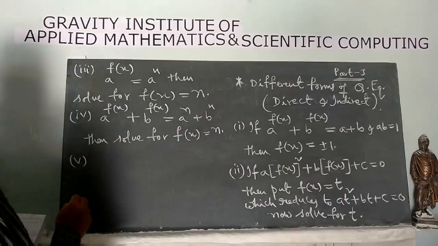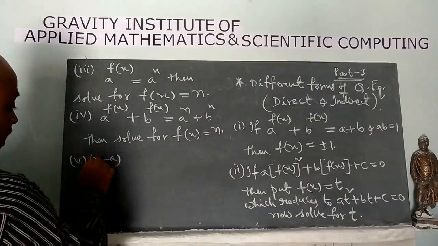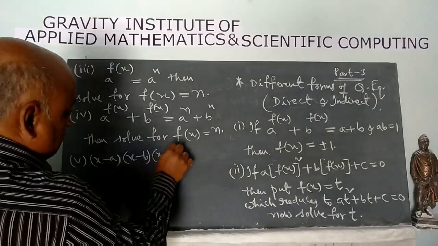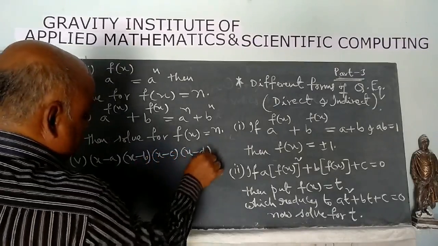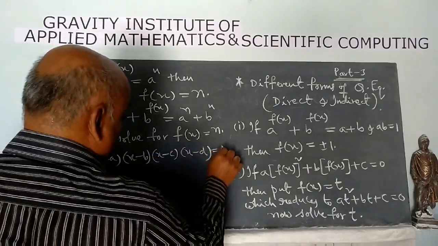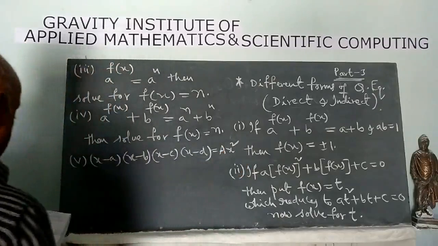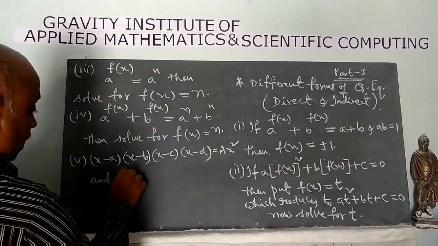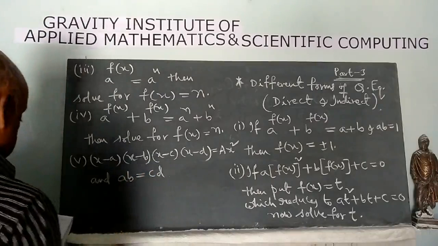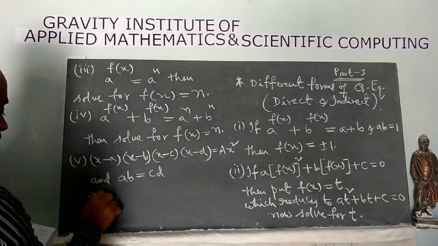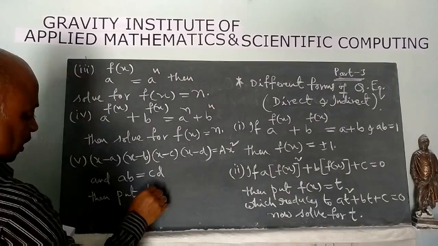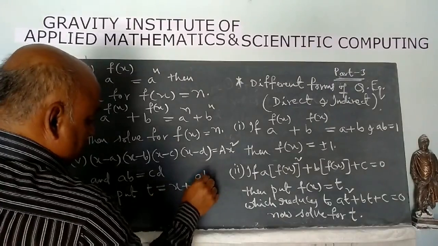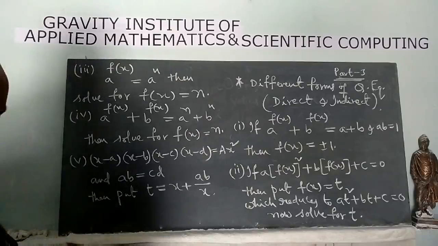Fifth point, (x minus a)(x minus b)(x minus c)(x minus d) is equal to A x square, and ab is equal to cd, then put t is equal to x plus ab by x.